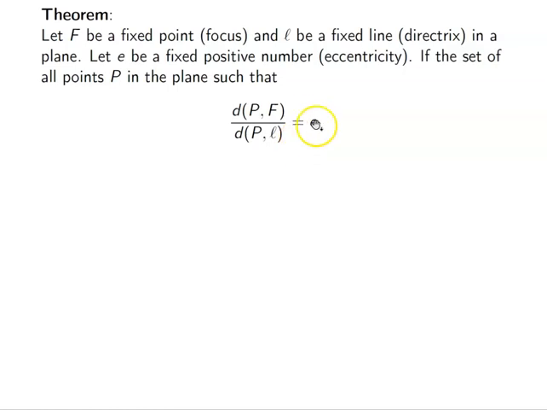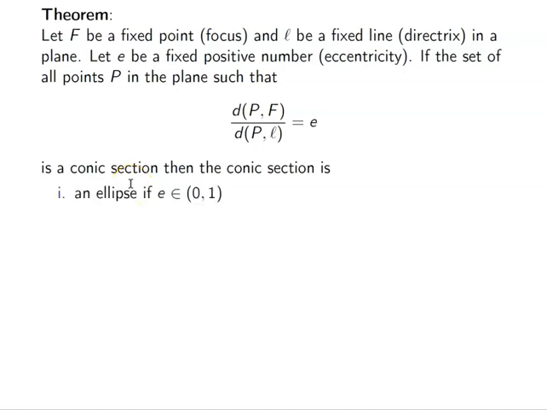The ratio of those two values is a constant, which we call E, right? If that's true, then it's going to be a conic section, okay? And depending on the value we have for E will determine which kind of conic section we have. Remember, E has to be a fixed positive number, and we call it the eccentricity.